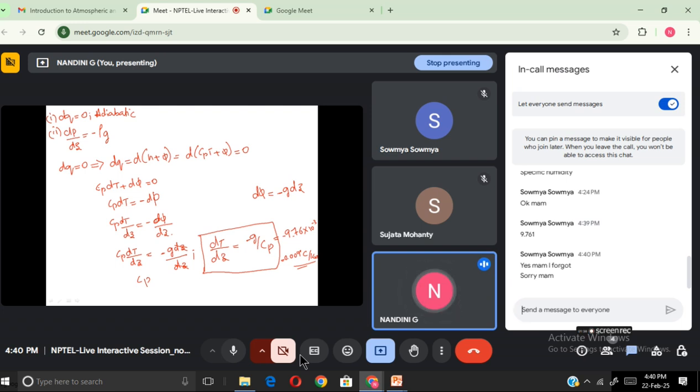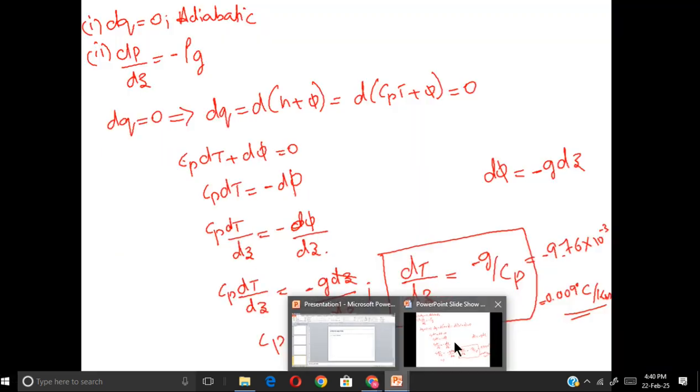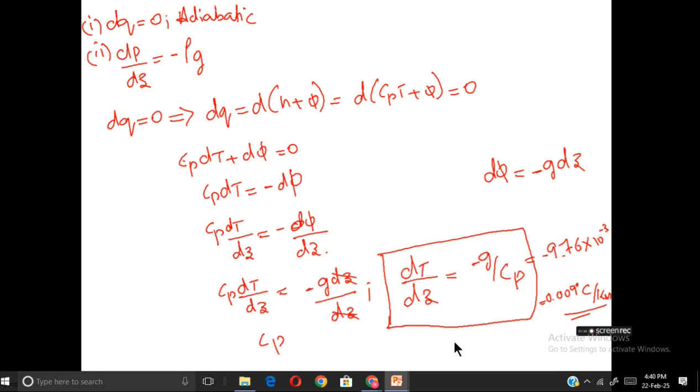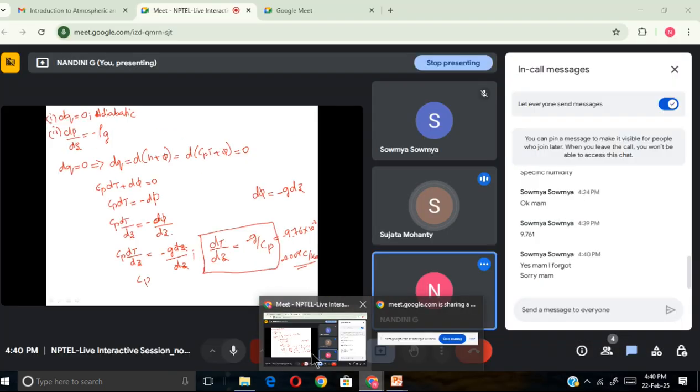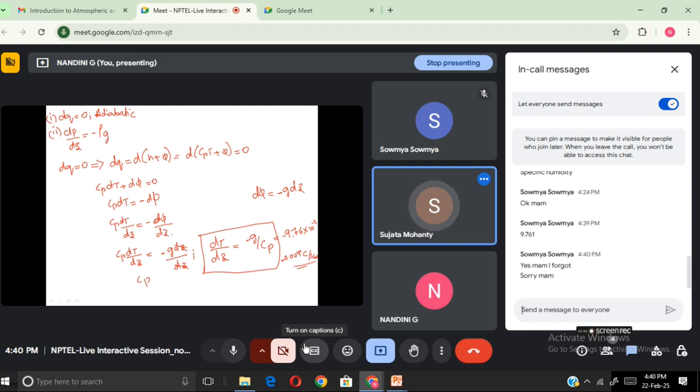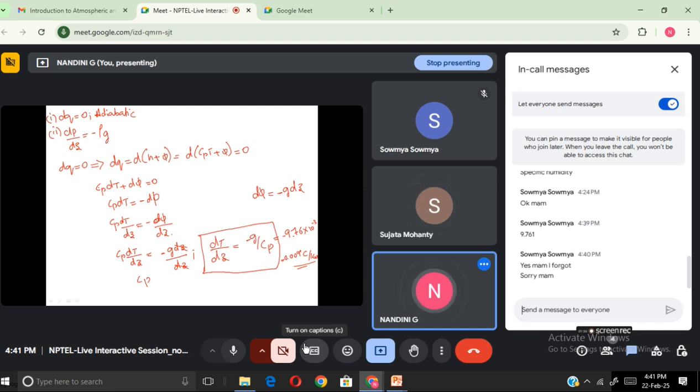Okay, and don't confuse it with Q. The Q that I'm talking about is the heat. Its value is 0.009 degrees centigrade per meter, not per kilometer. Yes, thank you. 9.8 divided by 1004, right?